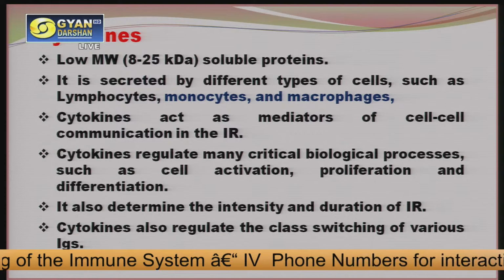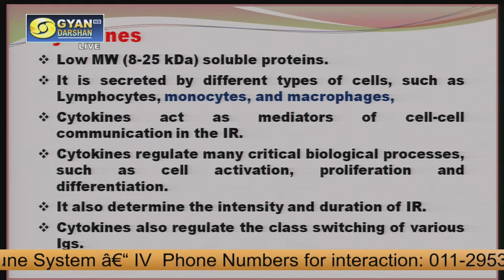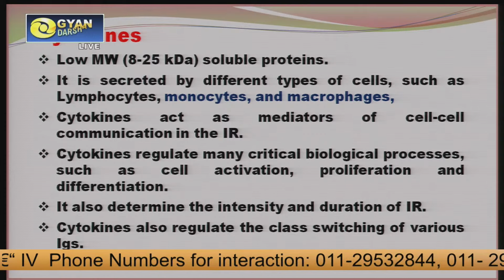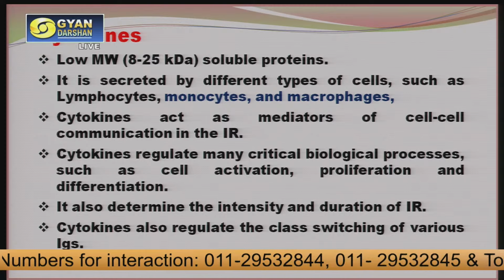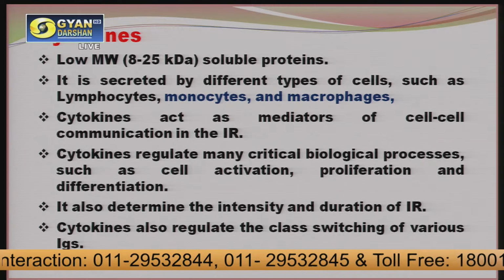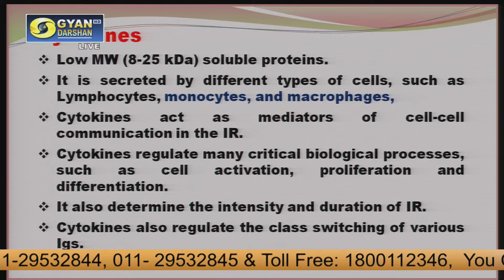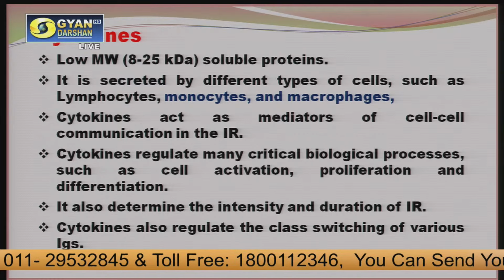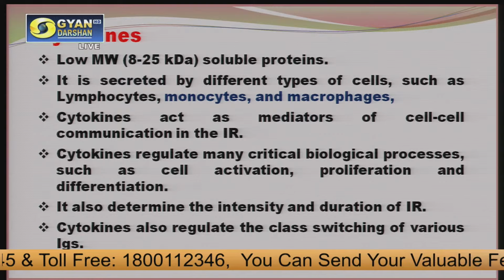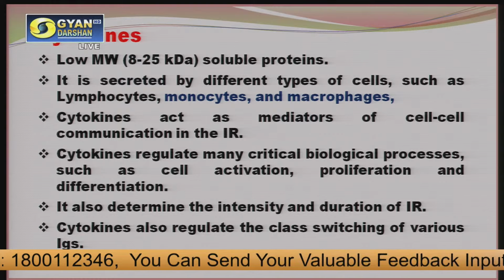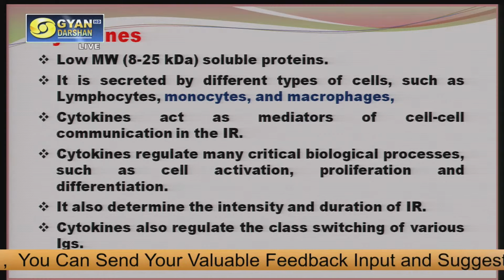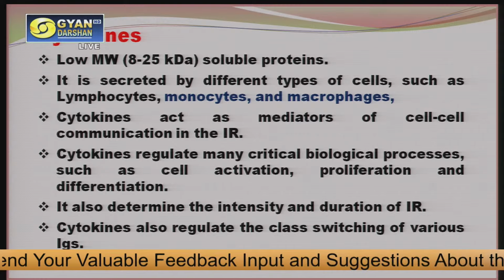The cytokine basically is a low molecular weight, approximately 8 to 25 kilodalton, soluble protein. It is secreted by different types of cells such as lymphocytes, monocytes and macrophages, and these cells are able to secrete different types of cytokines.